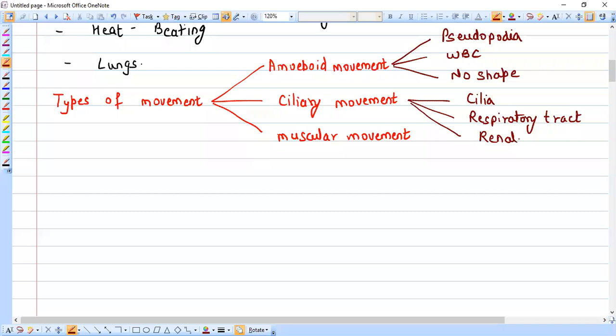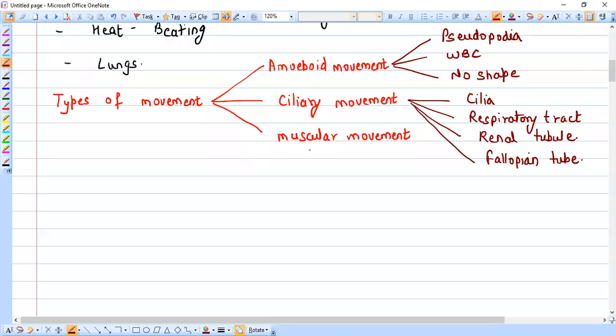We all know about PCT, nephron. You will get cilia in the renal tubule also. Even when there is a movement of the egg, the ova, the fallopian tube of the female reproductive system consists of cilia. So these are different movements with respect to cilia.